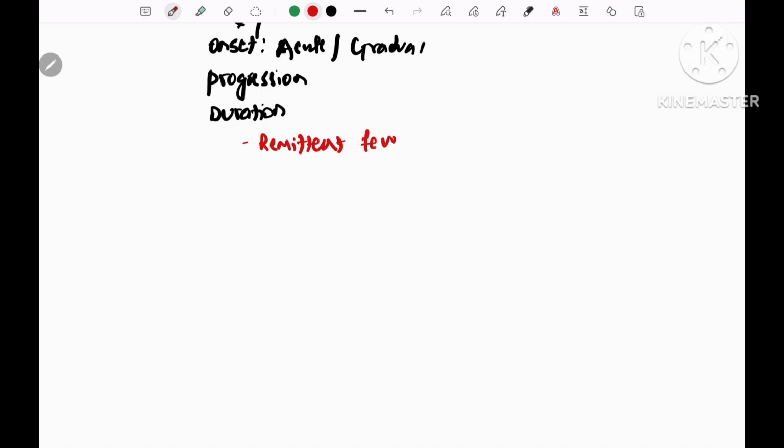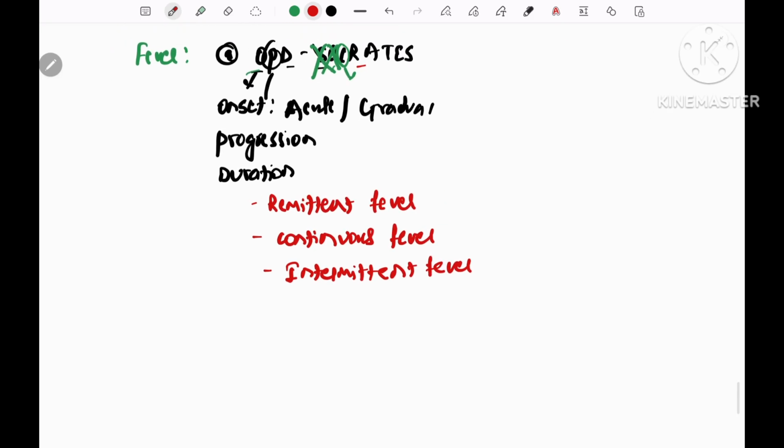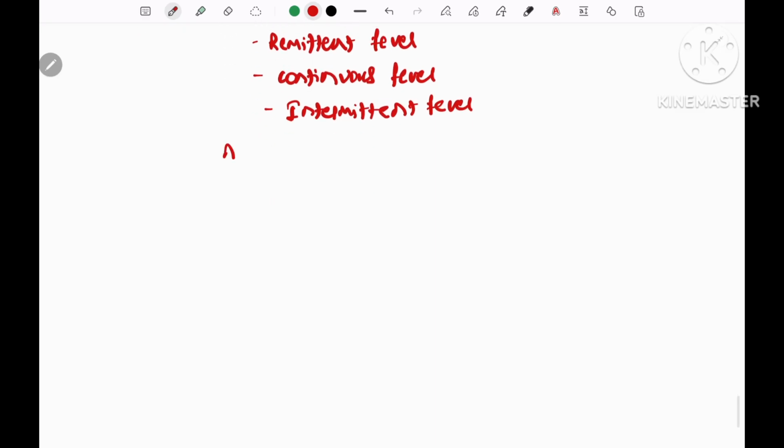It can be remittent fever, it can be continuous fever, or it can be intermittent fever. So these are the fevers which we mention. We will explain them later on. Now R means radiation. There is no use of radiation in fever. A means associated factors, so associated symptoms.